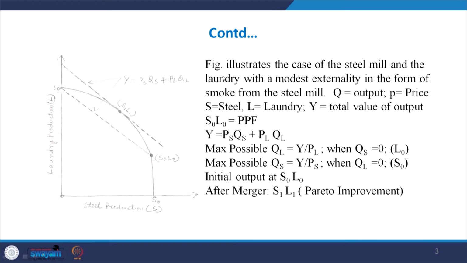You can again see from this graph, we have taken steel production S on horizontal axis, laundry production L on vertical axis.